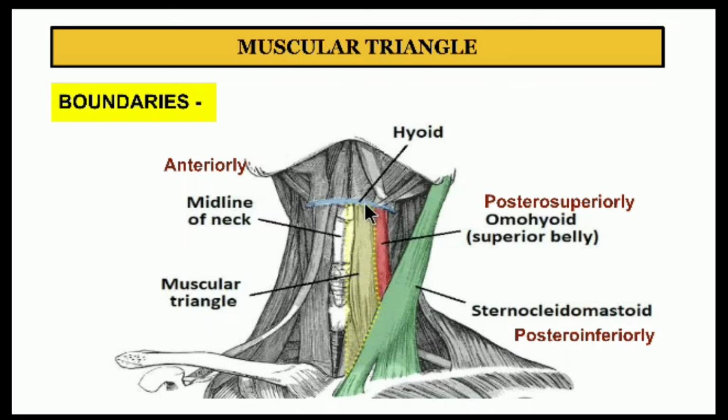So we name them posterior-superior and posterior-inferior. The posterior-superior border is formed by the superior belly of omohyoid muscle and the posterior-inferior border is formed by the sternocleidomastoid muscle.